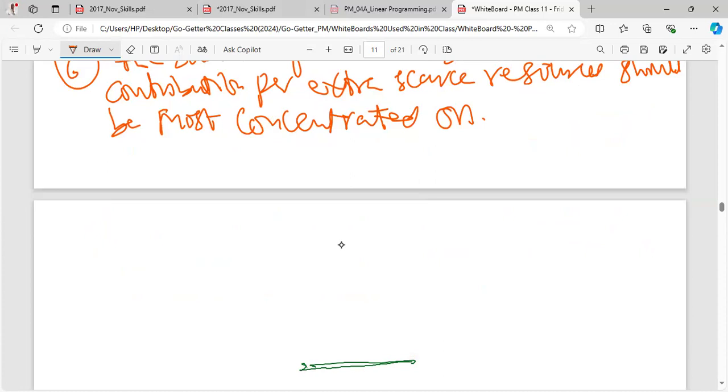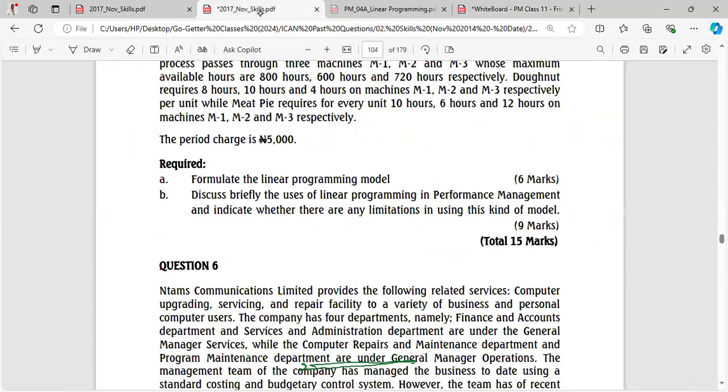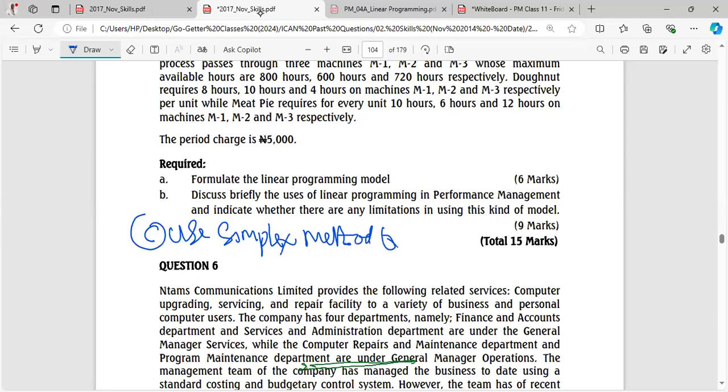We will be stretching this question again by saying C. Use the simplex method to find optimality and slack variables.